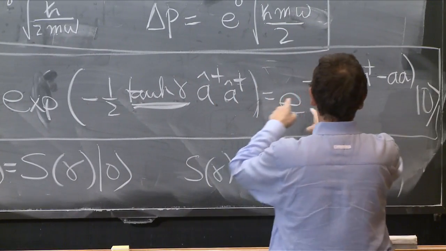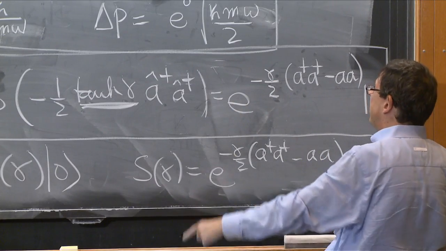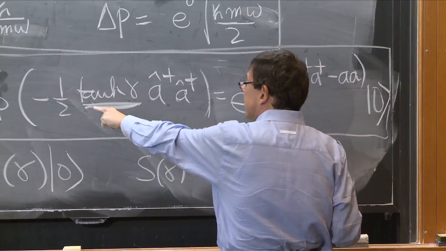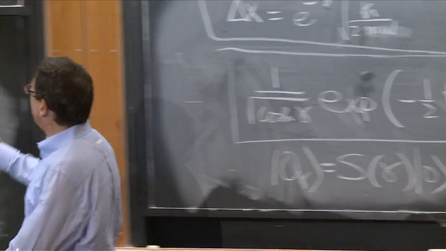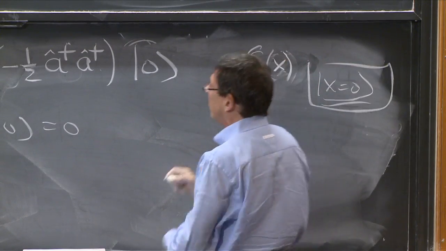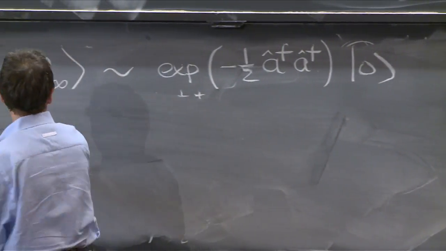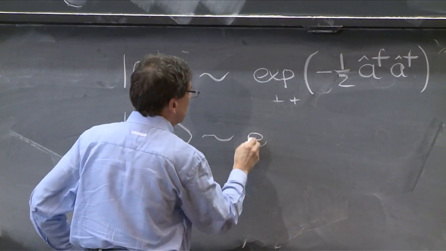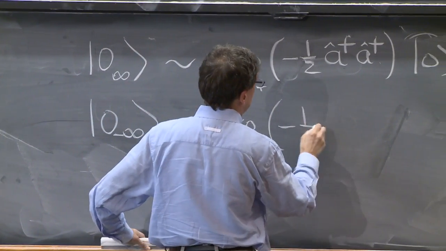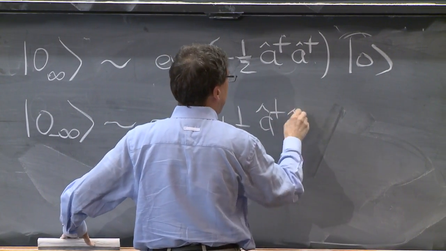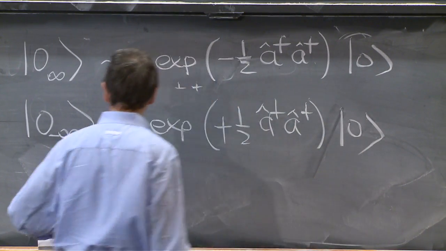If you go the other way around and you take gamma to be minus infinity, the only thing that changes here is the sign. So this is like the delta of x, or the x equals 0 state. And if you take gamma to minus infinity, it goes like x minus 1/2 plus 1/2 a dagger on the vacuum.